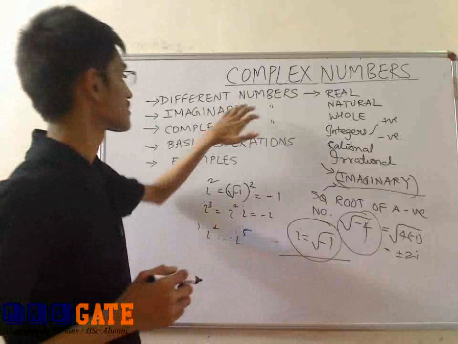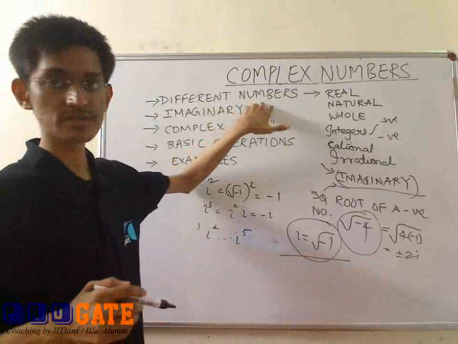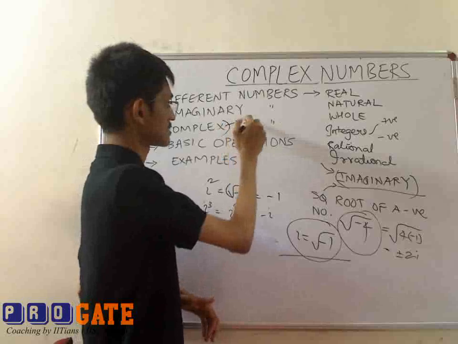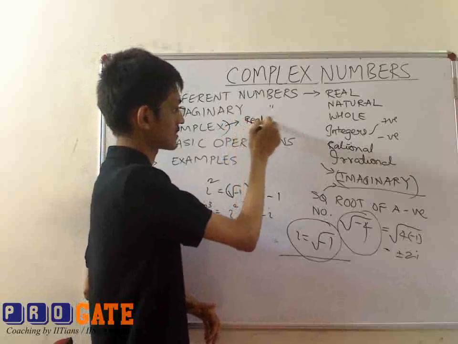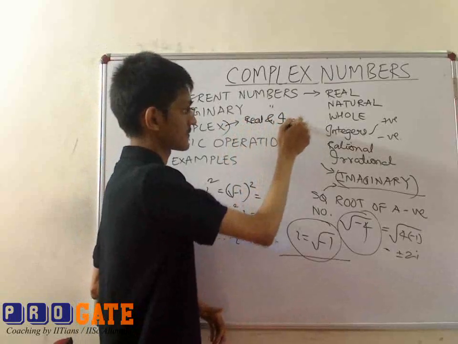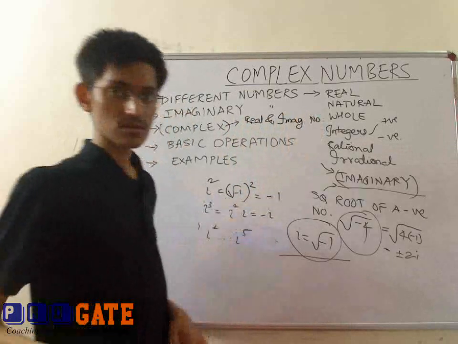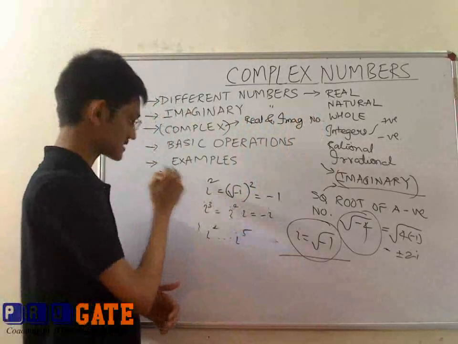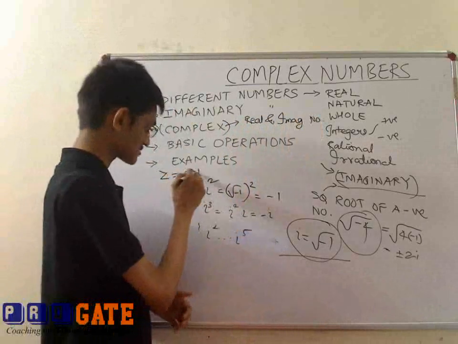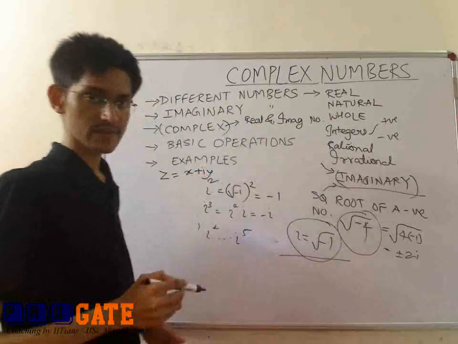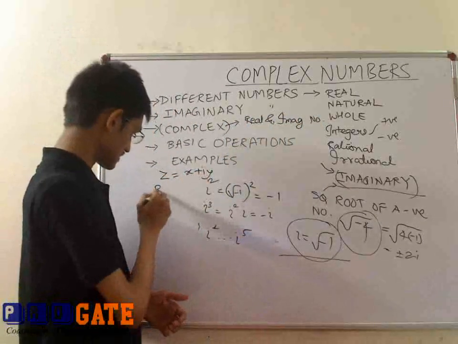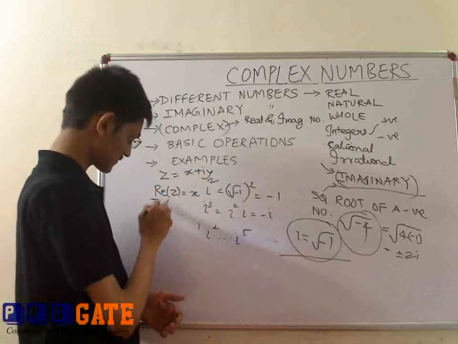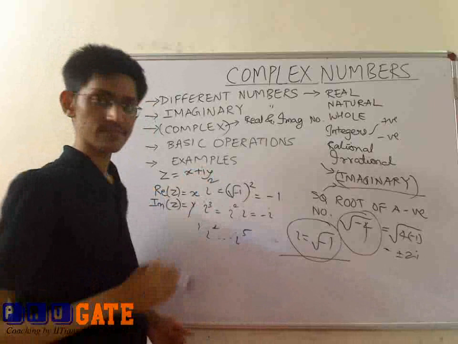Now how does complex number come into picture? Complex number is nothing but a combination of real and imaginary number. So it has a real part and an imaginary part. And how do we represent it? We represent it as z, which is equal to x plus iy. So the real part of z is x, imaginary part of z is y.